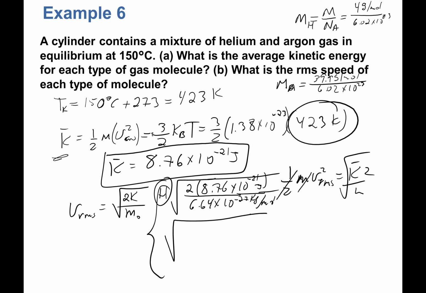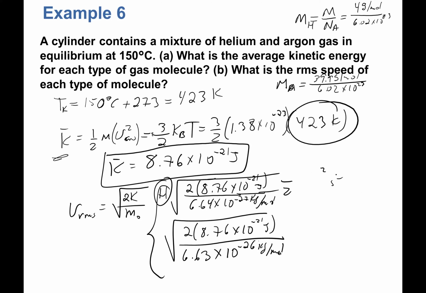And for the argon, again, it's 2 times 8.76 times 10 to the negative 21 joules, divided by the mass of 6.63 times 10 to the negative 26 kilograms per molecule.